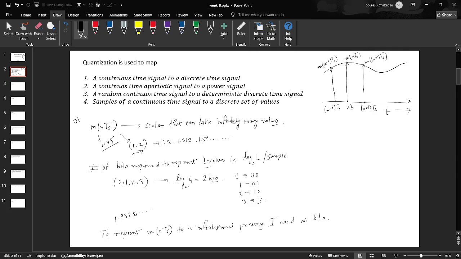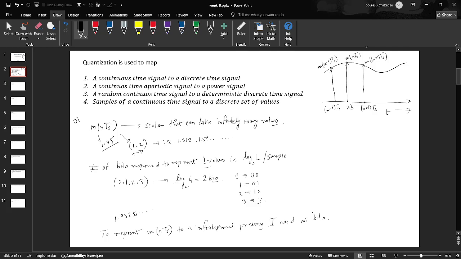And if I plan to store that exact value, as I have already seen, if I have L distinct values, I need log base 2 L bits to transmit or store that particular sample. So for a sample which takes infinitely many values, I need an infinite number of bits to represent it. Imagine just to store one sample accurately.